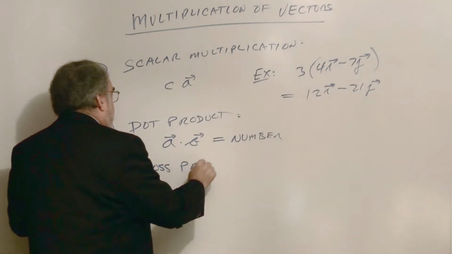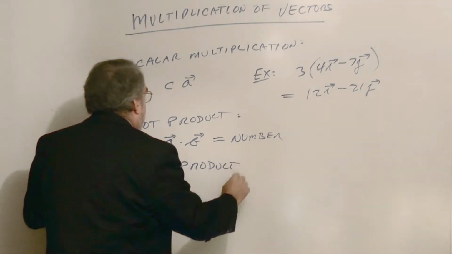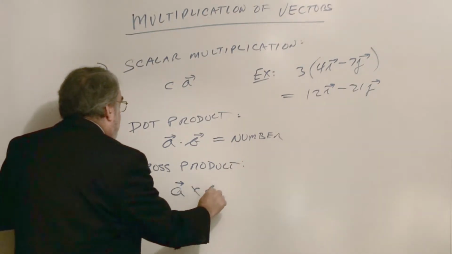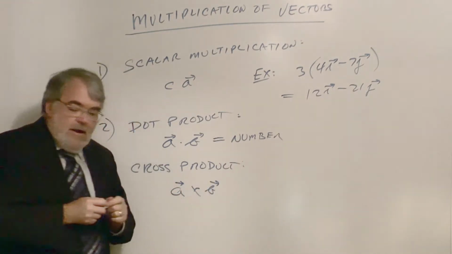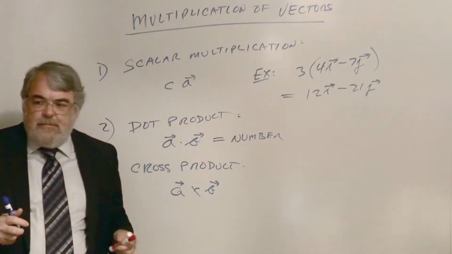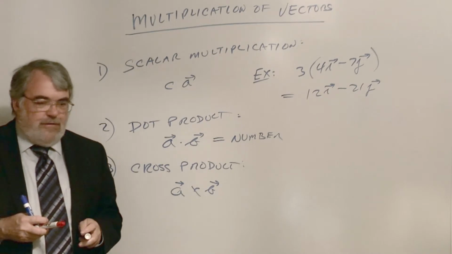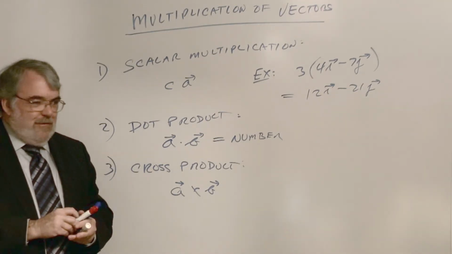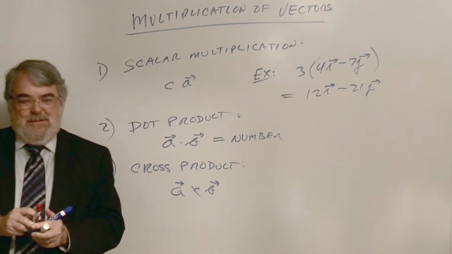And I'm not going to show you in this course what the cross product is, but it would look like A cross B. Calculating that's a little complicated, and it generally refers to three-dimensional vectors. Now I have generalized this to any dimensions, but textbooks will only describe cross product in 3 dimensions.